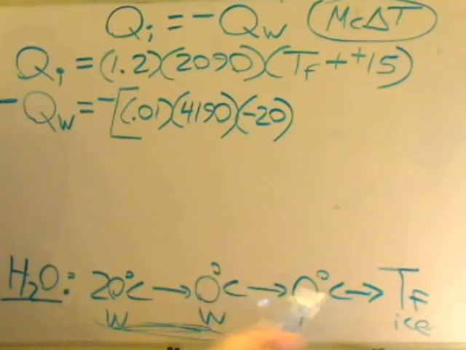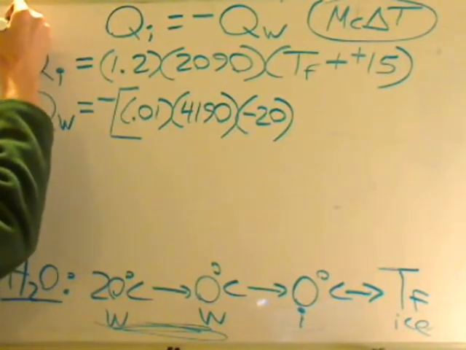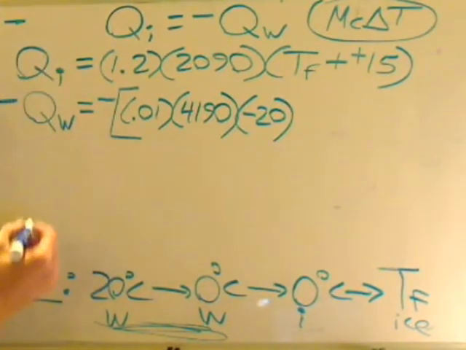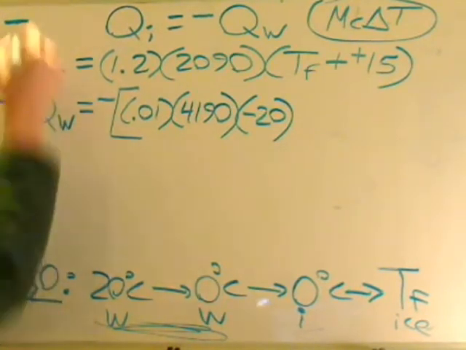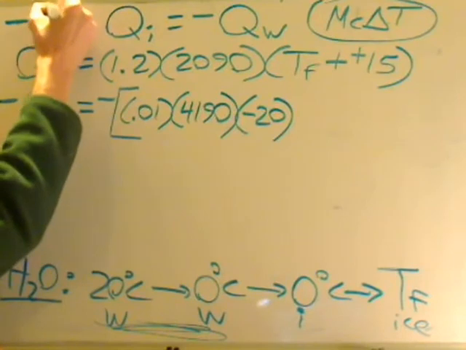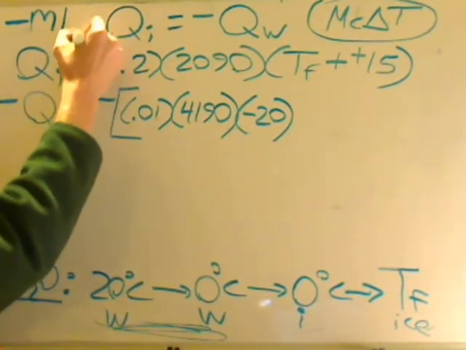Now we need this stage, the change from 0 degrees Celsius water to 0 degrees Celsius ice. The heat of fusion is what we're interested in. For freezing, it's negative mass times heat of fusion.